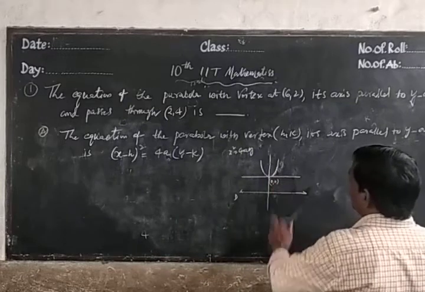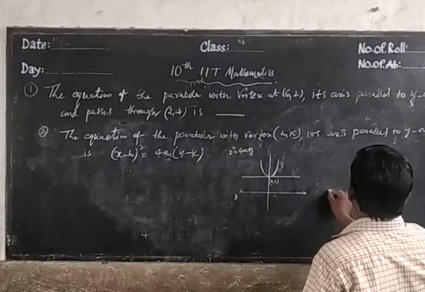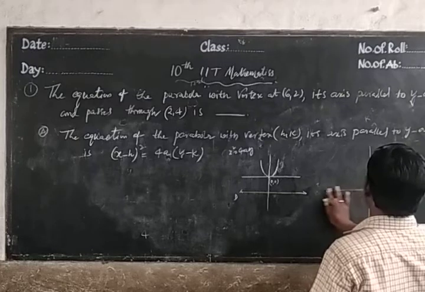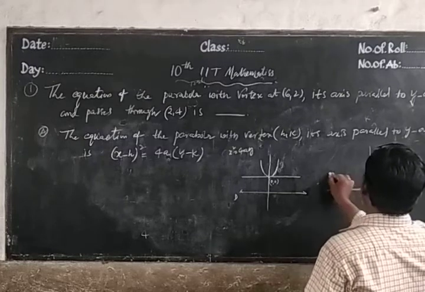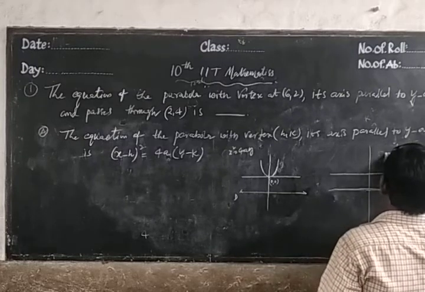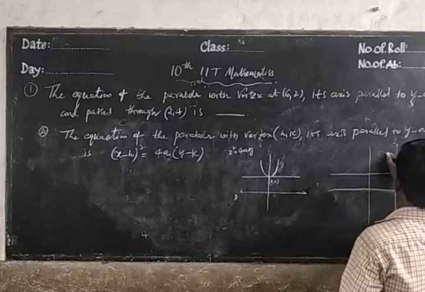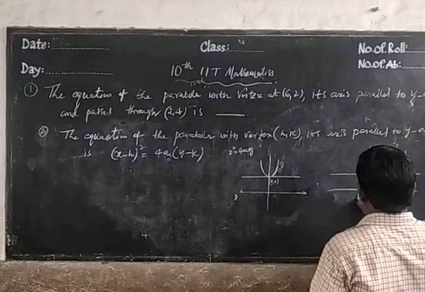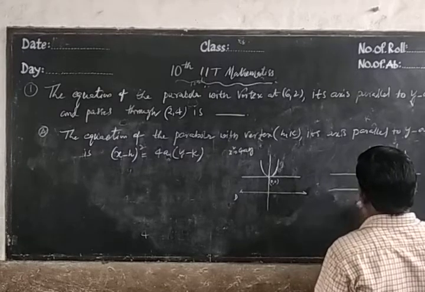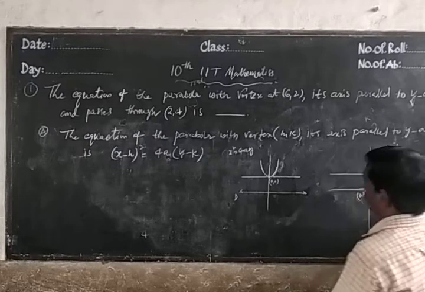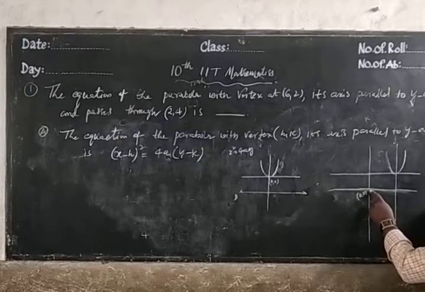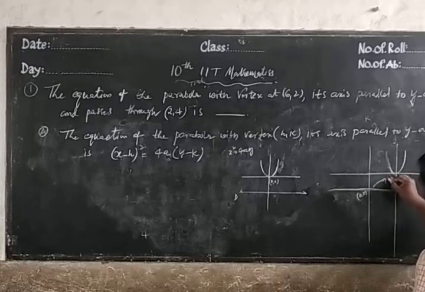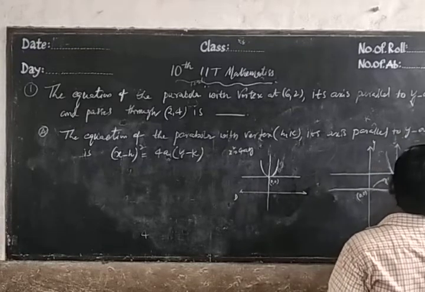Now it is shifted: the origin (0, 0) shifted to (h, k). Now this is y, this is x.